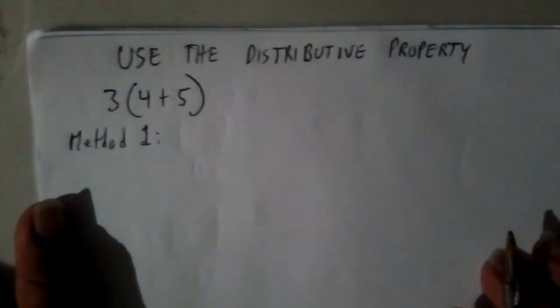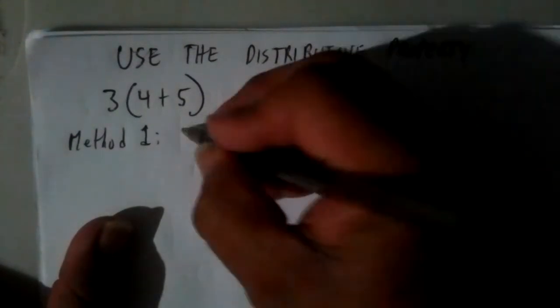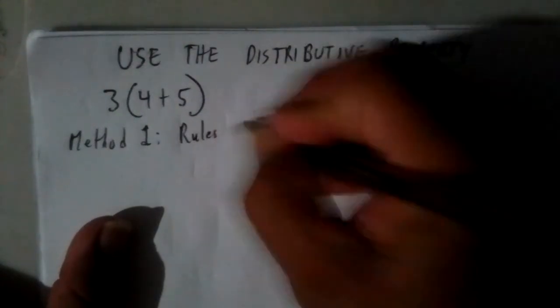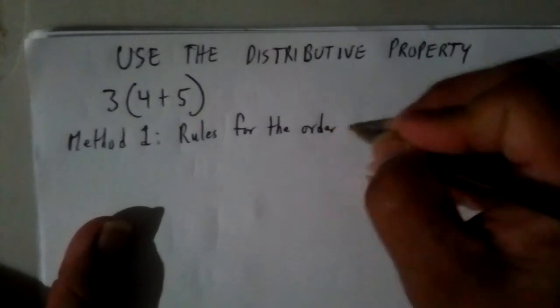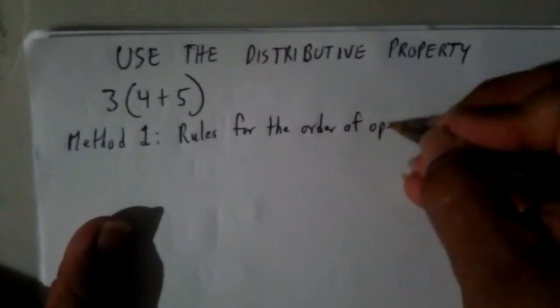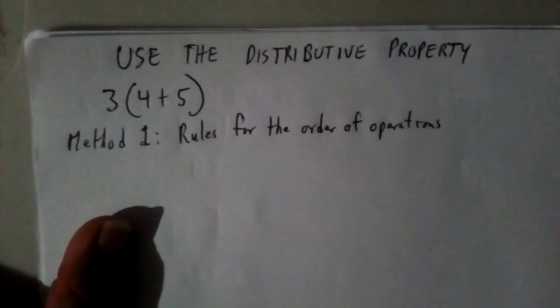Okay, the rules for the order of operations. So method 1 is simply the rules for the order of operations. Well, in other words, PEMDAS.